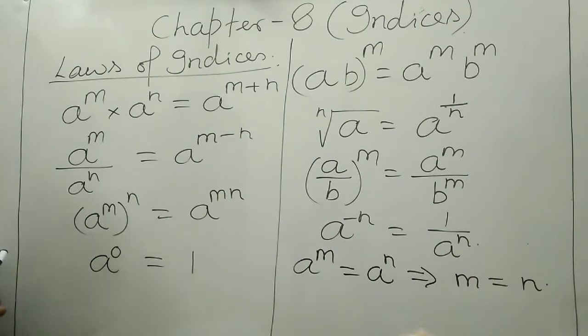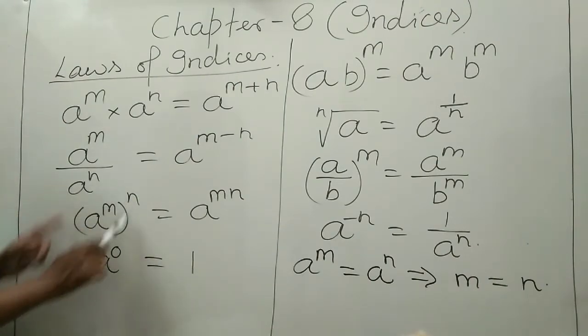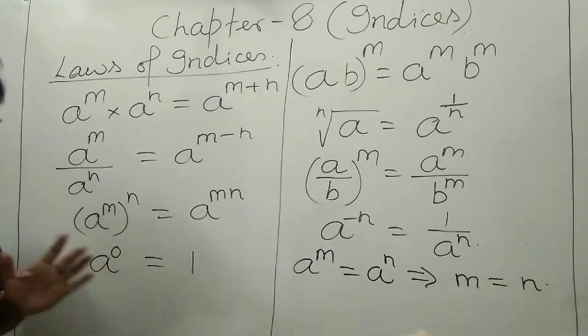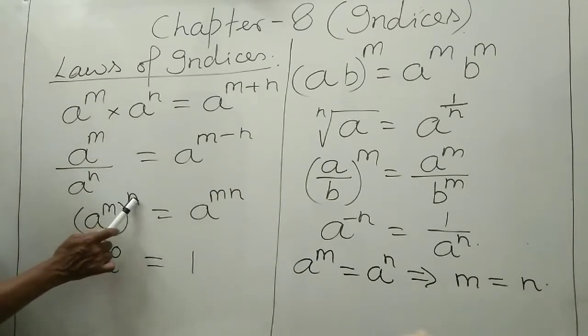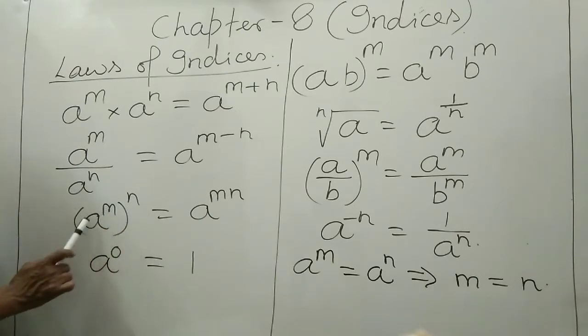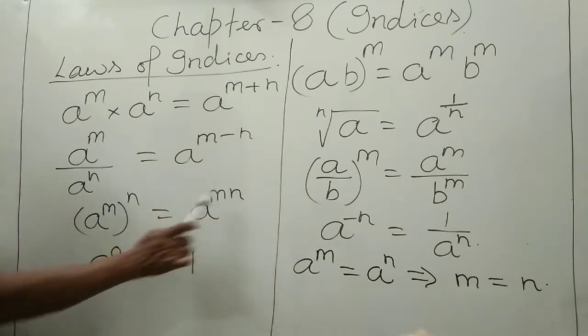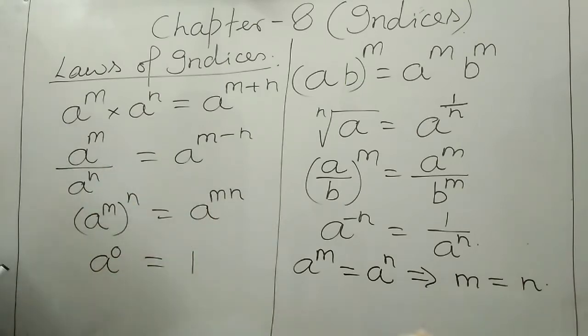The third one is a to the power m whole power n. When this type of expression is written, you will multiply these two powers because both are powers. This is the whole power and this is the power of a. You multiply the power m and power n, that is m into n, a to the power m into n.